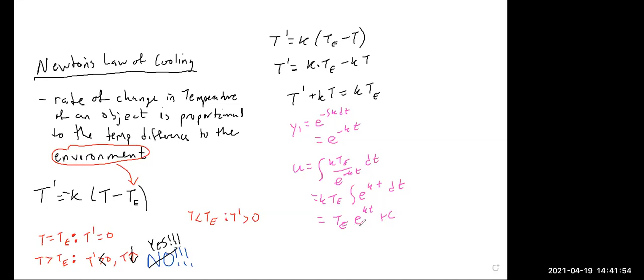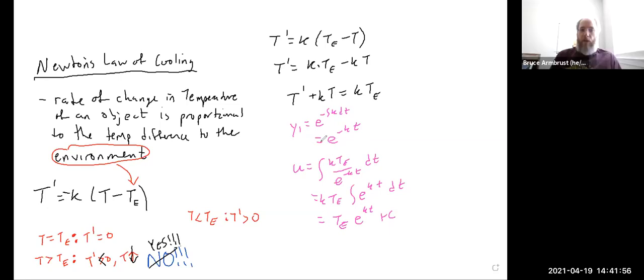So then we multiply that by the Y1. So we get T equals, well, if I multiply this by e to the minus kt, I get TE plus CE to the minus KT.